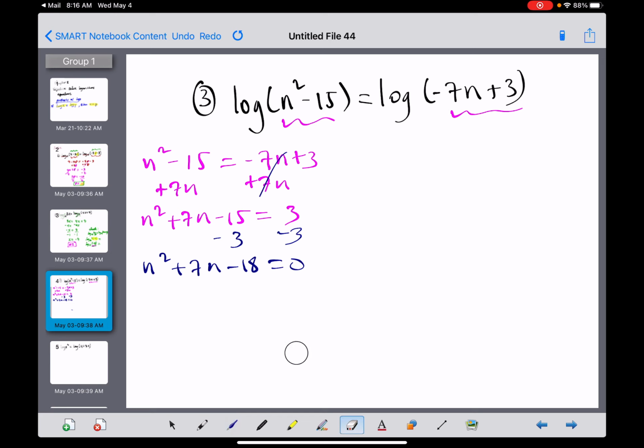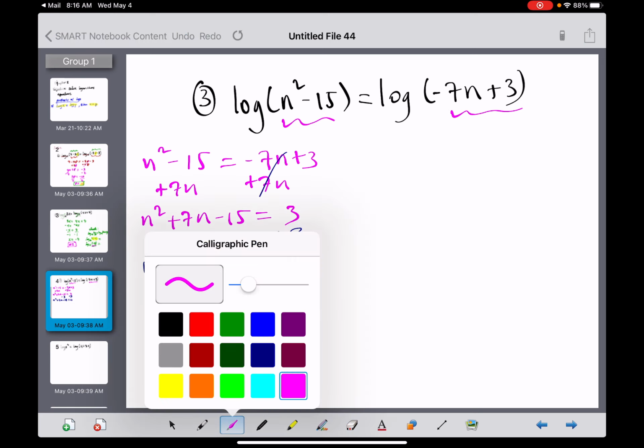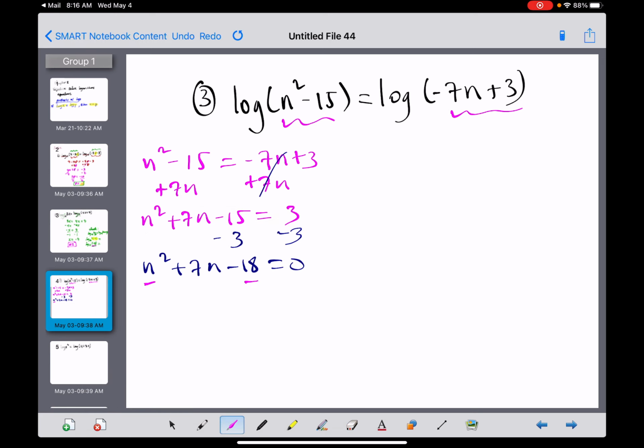So this should tell you that you have to factor. And when we factor, we look at the first term and last term. So n and n, and negative 18. You have to think of 2 factors that multiply to give you negative 18, but when you add up, give you positive 7.